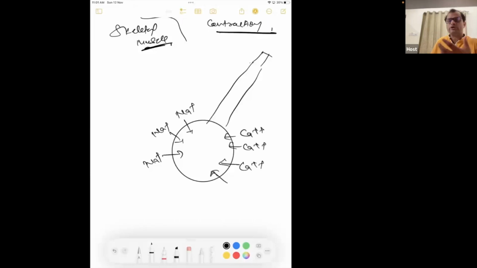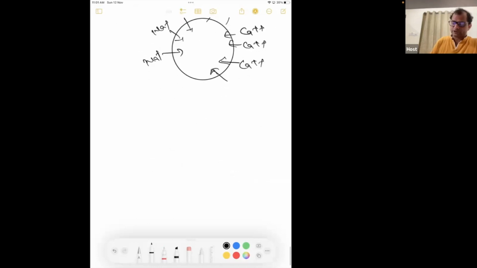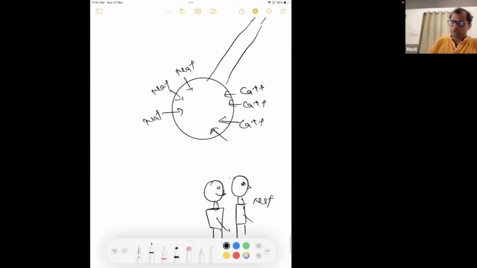So sodium is the leader, like someone entering somewhere in the first line, and in the queue there is calcium, right? So this is the sodium and this is the calcium. Calcium is very important because the next process will happen due to calcium.